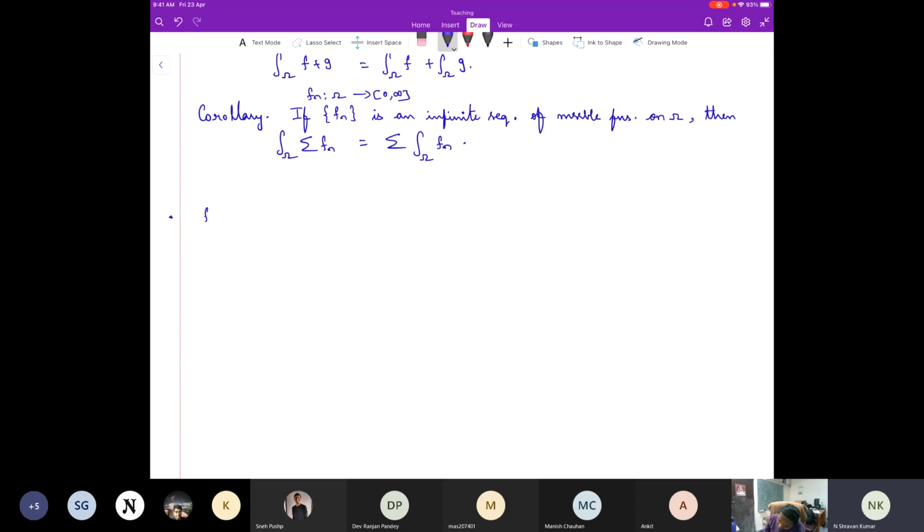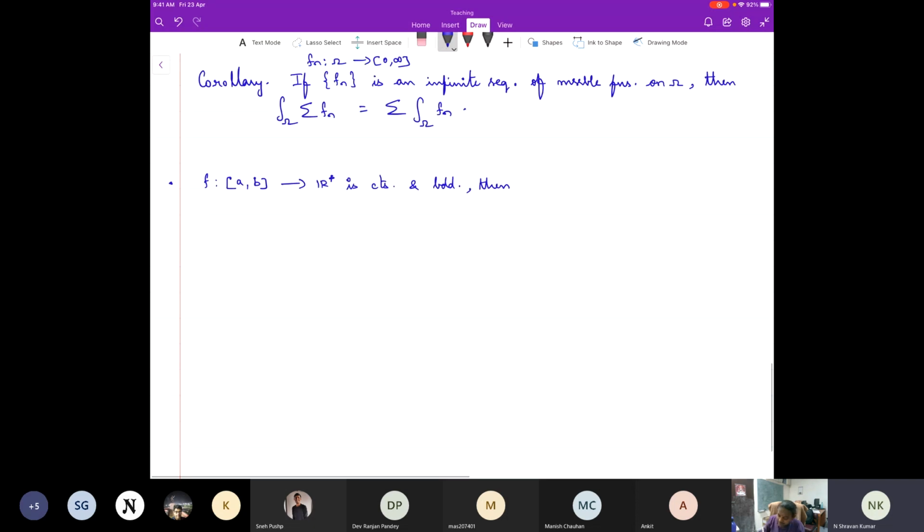So if f from [a, b] to R plus is continuous and bounded, then the integral from a to b of f(x) dx equal to 0 implies f equal to 0. This is known to us.